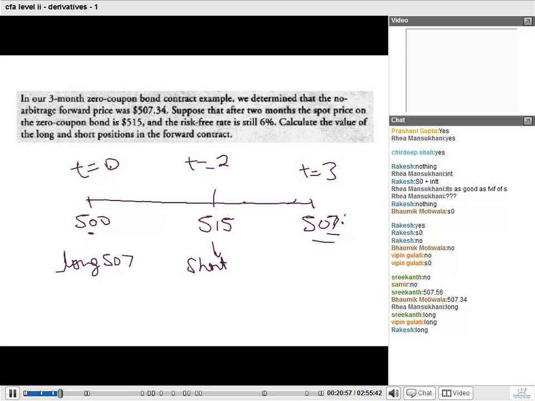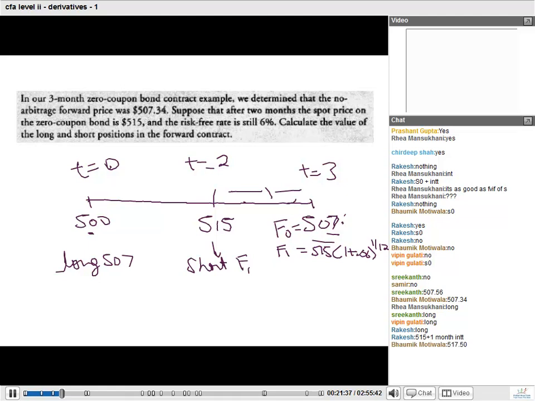So what will be the fair forward price right now? Now this contract is now expiring in 1 month. So the fair forward price at t equal to 2, which we'll call F1, would be equal to 515 into (1 plus 0.06) raised to the power 1 by 12. So he will short the contract, or he will short the asset at F1.